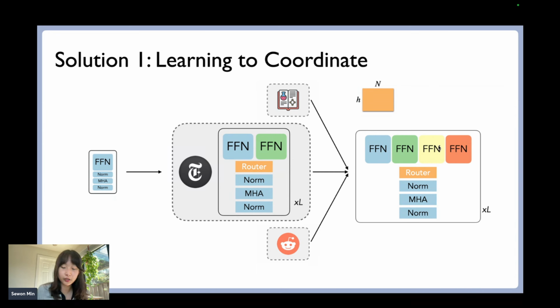So why is this good? There are two reasons. First, because we are freezing the shared layers, we don't really have to do model soup, which has the issue of weights diverging from each other. So they are already synchronized. The other benefit is that this model is already trained to be a mixture of experts.